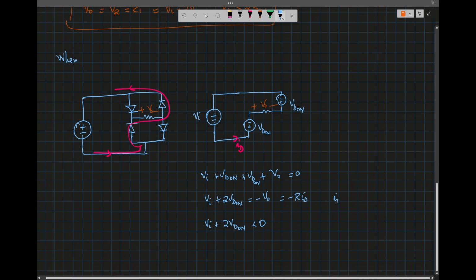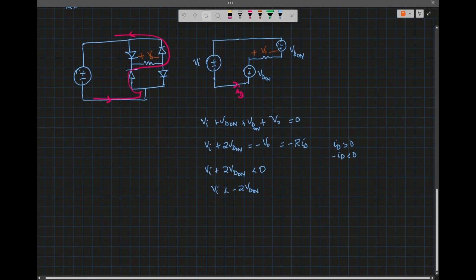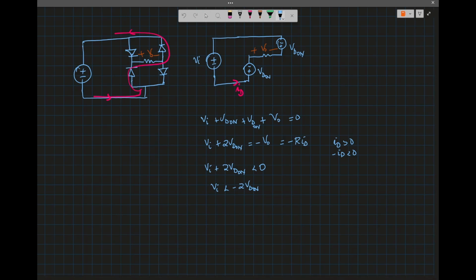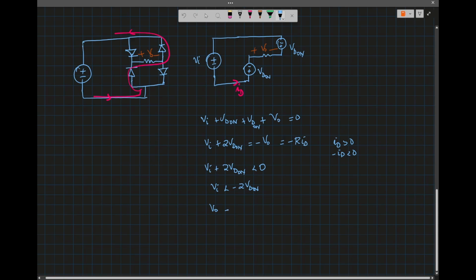Right, because we want ID positive, so minus ID will be negative. So VI is less than 2 VD on. So for this condition, VL, which is still V0, will be minus VI minus 2 VD on.